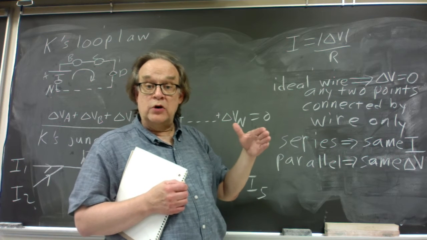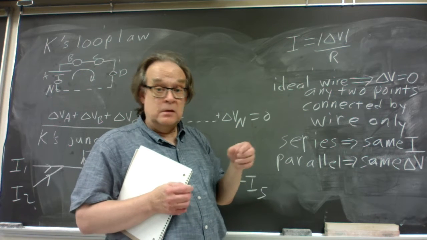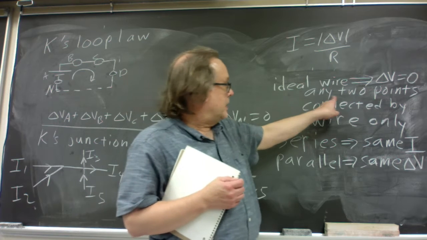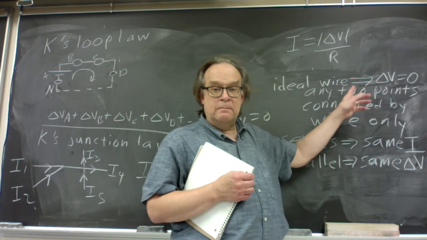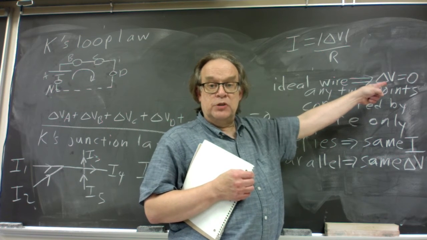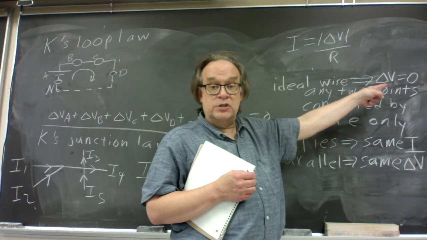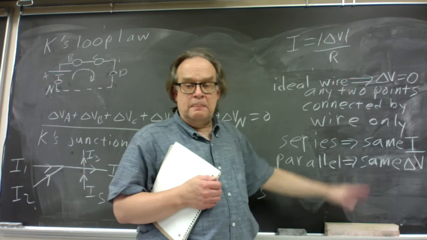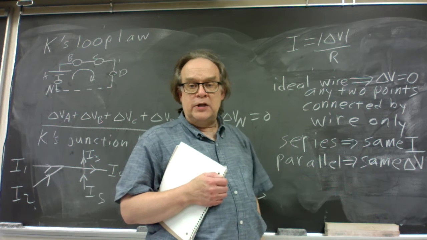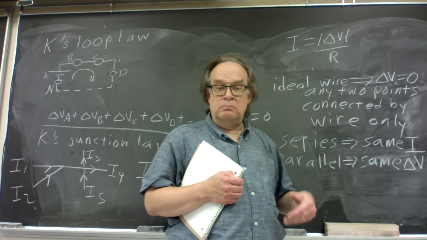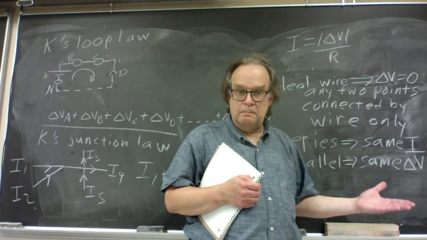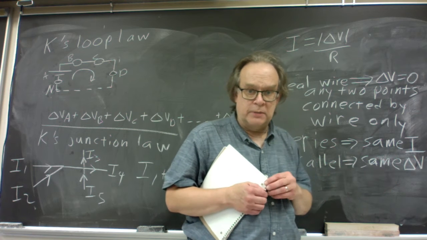Every point in the wire is at the same potential. Pick any two points in that wire, and the potential difference between those two points is zero. Any two points connected by wire alone, with no circuit elements in between, have a potential difference of zero.